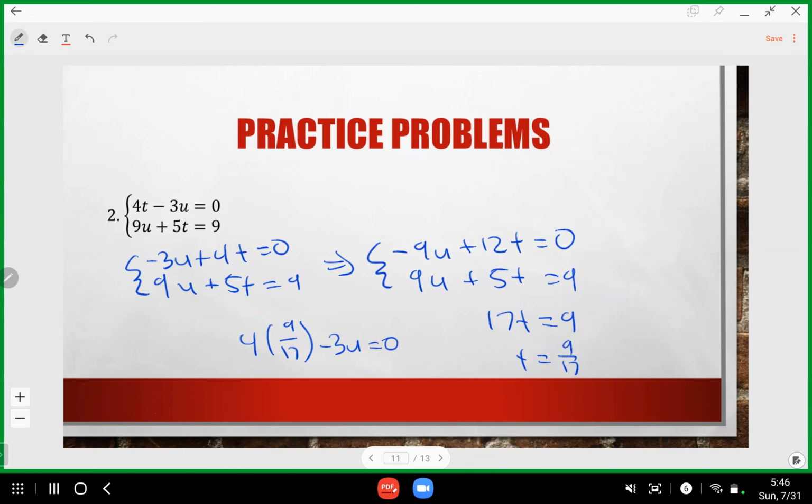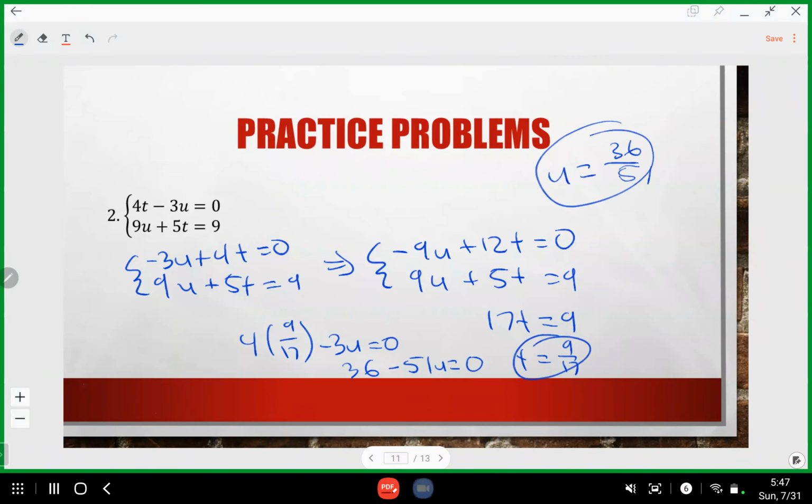So you multiply everything by 17, you're going to get 36, right? Minus 51u is equal to 0. And then you get u is going to be equal to 36 over 51. Very ugly numbers. I hate these numbers, but that's the answer.